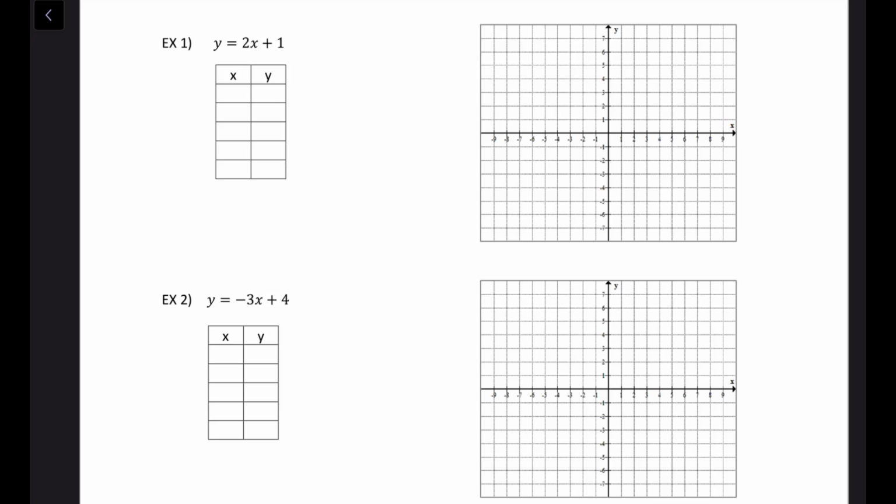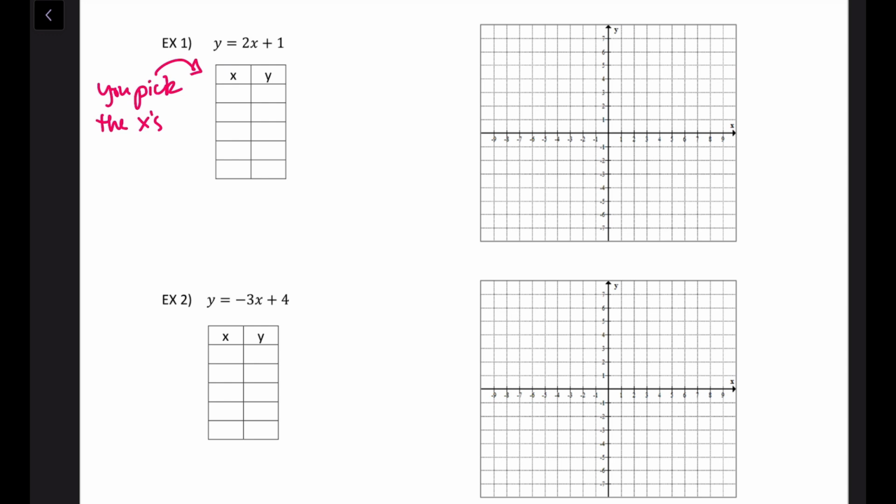Now we're going to learn to graph lines using an XY table. When we get to use an XY table, the important thing to know is that we get to pick the x's. So we're going to just say, you pick the x's. Now we want to keep it where we can do easy math.